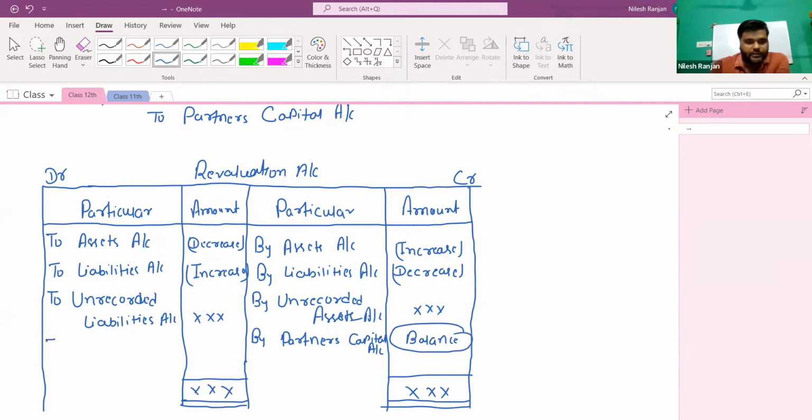And if there is any profit, it will be transferred to the credit side of partners' capital. Okay. Now tell me if there is any doubt in this format.